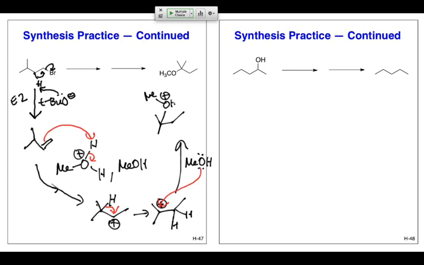We probably have to write this H out because we need to deprotonate it. So what is deprotonating it? What's the base? Must be another methanol. Remember, that's the solvent, so you have plenty of it. So that will do the deprotonation. All right, and we're done.